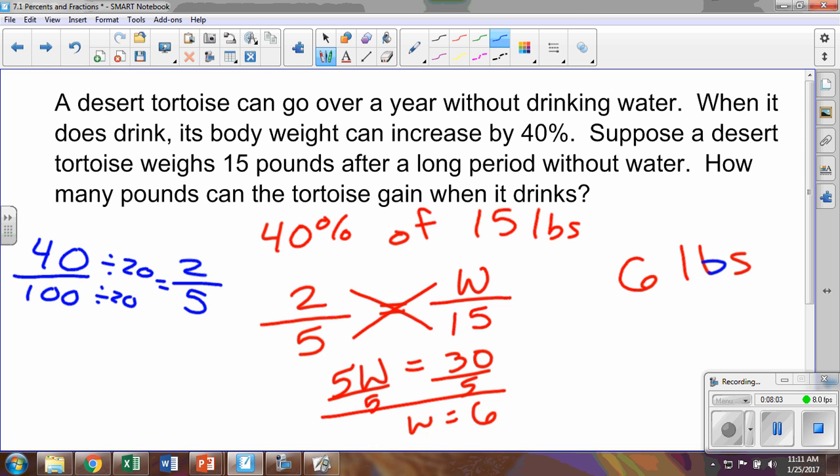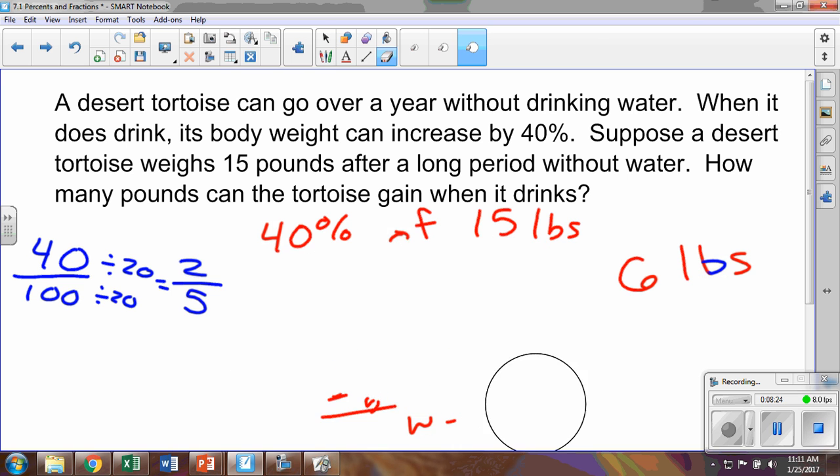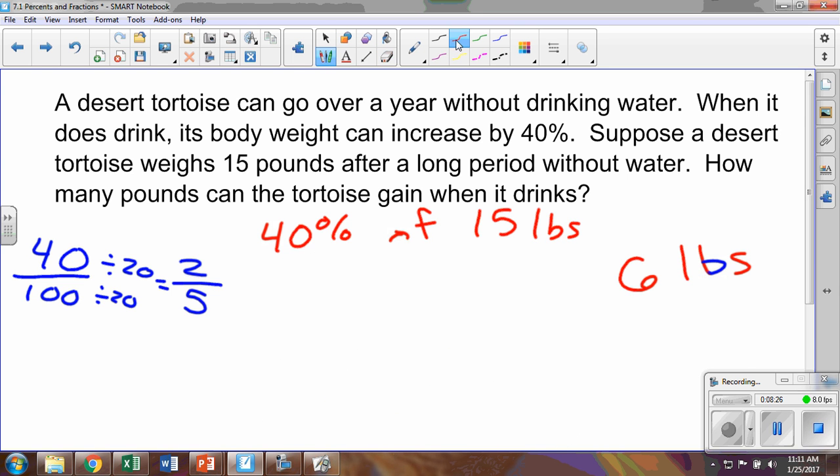And so there we go. Of course, we know, and we will see when we work with our decimal method, this is not the only way that we could have done this problem. There are many, many different correct ways. This is one method that's based on using the proportion skills that we just spent weeks working on. If you're familiar with this type of problem, you may keep in mind that 40% would be our 2 out of 5.